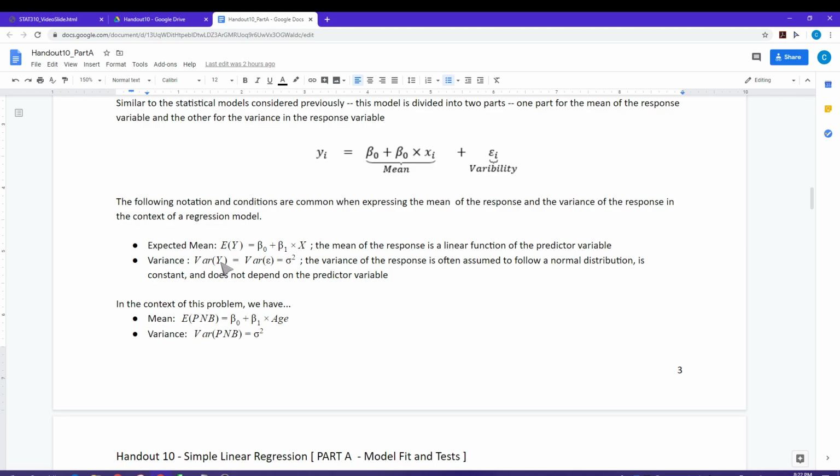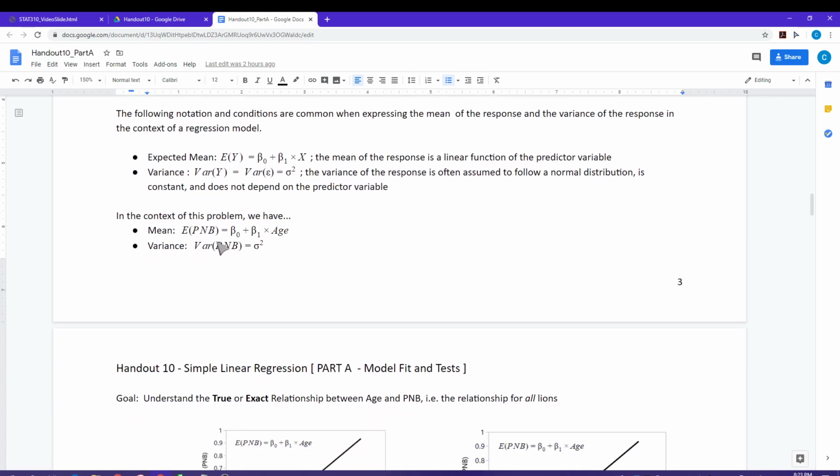The variability in the response comes from the variability in the error term, or the residuals. And we just set that to some constant value. So the variance of the response is assumed to follow a normal distribution, is constant, and does not depend on the predictor variable or the independent variables. So this is just our constant variance assumption, like we had in handout 8 and 9 as well.